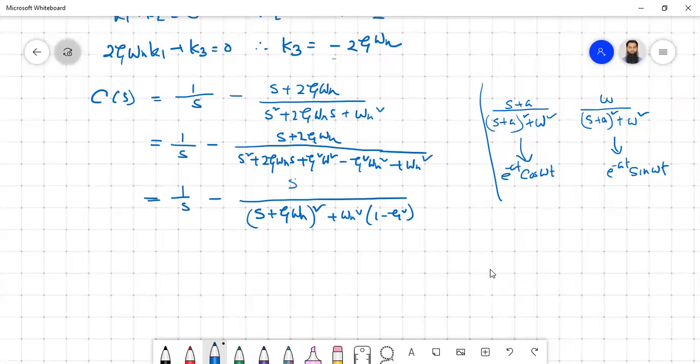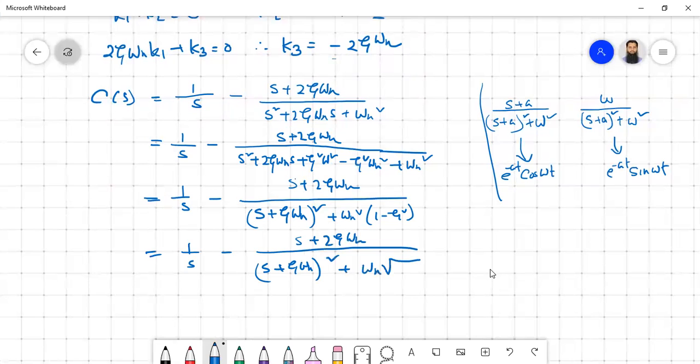Okay, so numerator as it is, twice zeta omega. So let's do a little bit more formatting in the denominator. Okay, so what we are going to get is (s plus zeta omega n) square plus (omega n root over 1 minus zeta square) whole square.